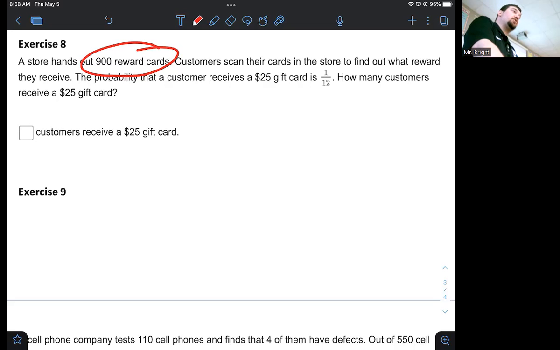Yes, you're going to need a proportion for this, and that's going to be how you show your work on your quiz tomorrow. A proportion has 2 ratios. The first ratio is always going to be our probability ratio. The probability of 1/12 means that theoretically 1 out of every 12 people are going to win, right? So if 1 out of every 12 people will win, then fill in the blanks.